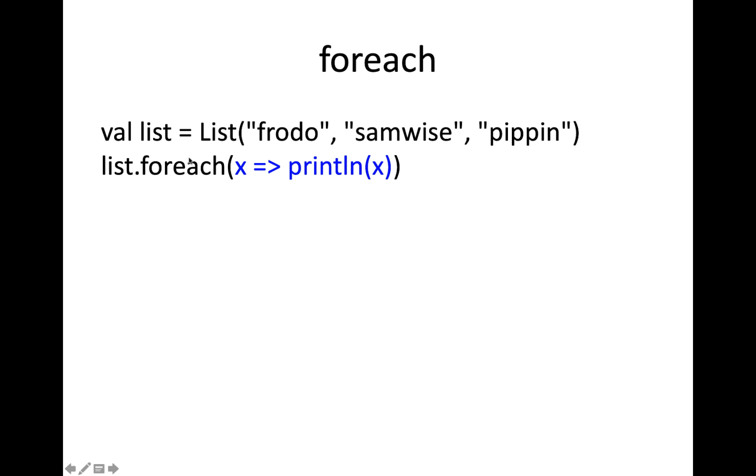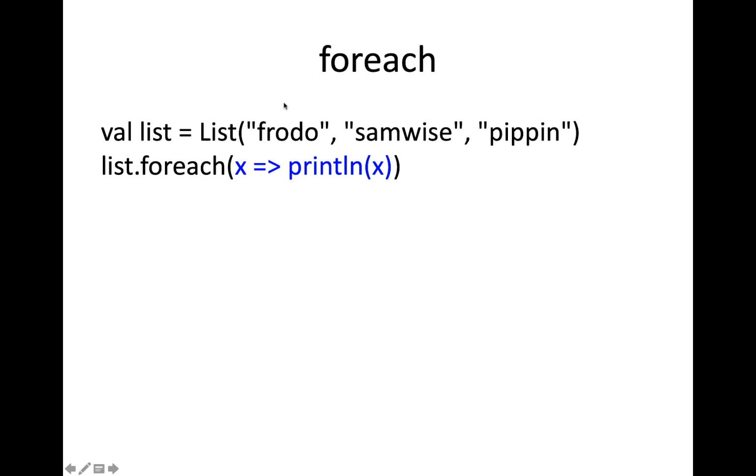Now what will be the overall impact of this code? What will foreach do with this anonymous function? Foreach will apply this blue color function on each item in the collection. So this blue color function will be applied to the first item, Frodo.